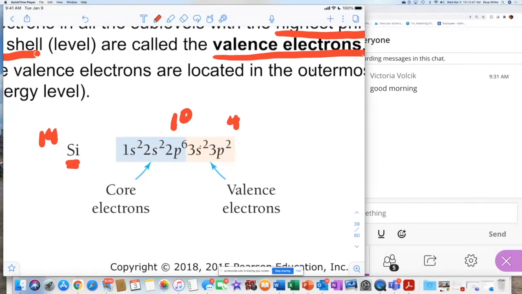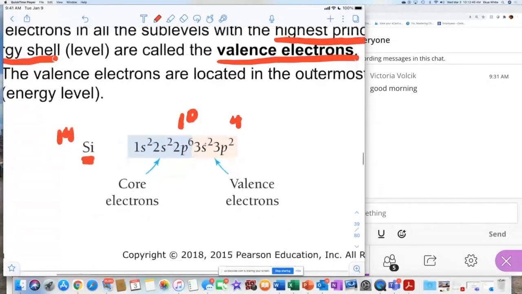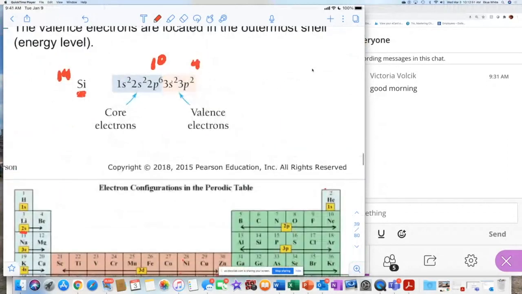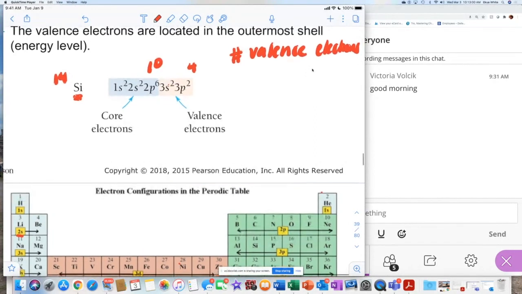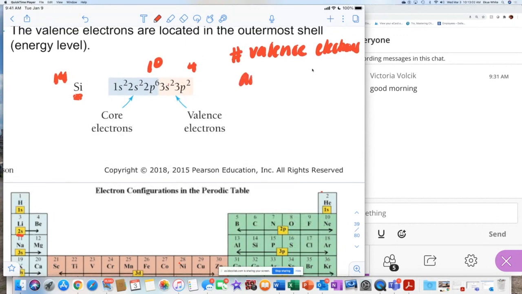Then we have the remaining 4 as the valence electrons. So what they haven't mentioned here that they will mention later on is the number of valence electrons are equal to the group number of the element.